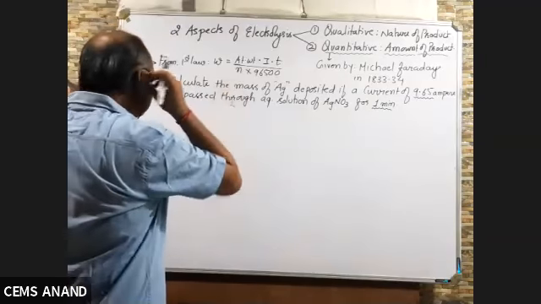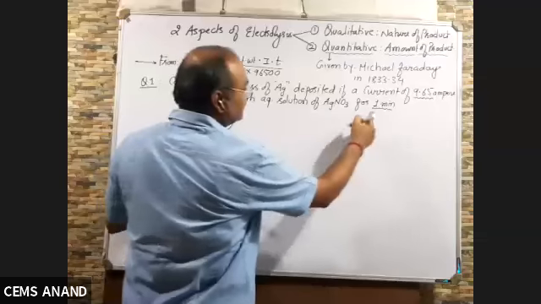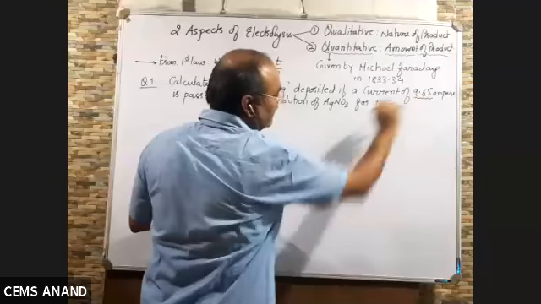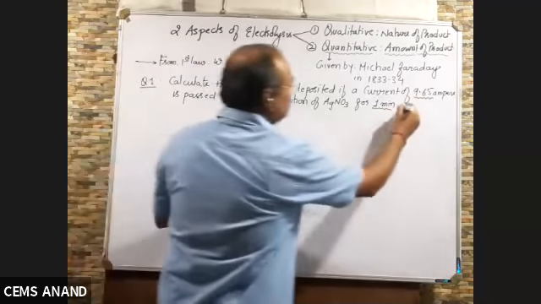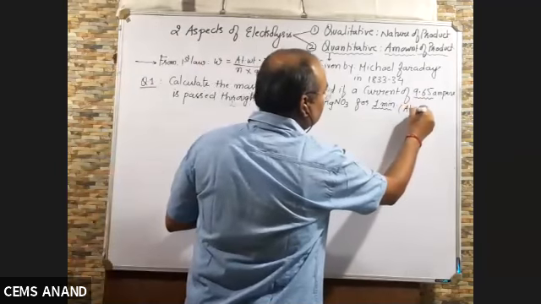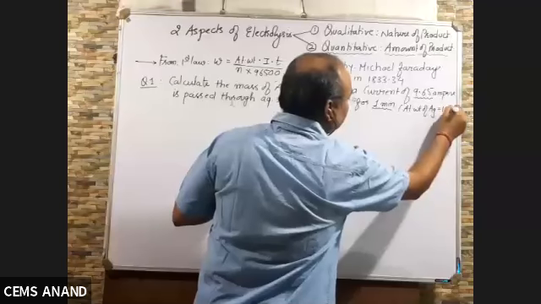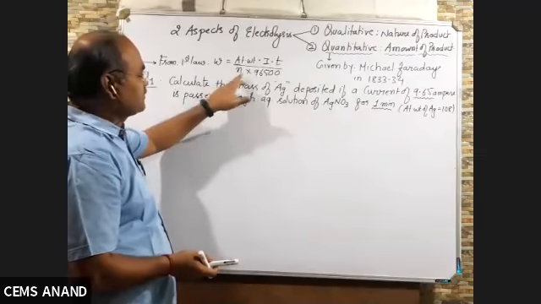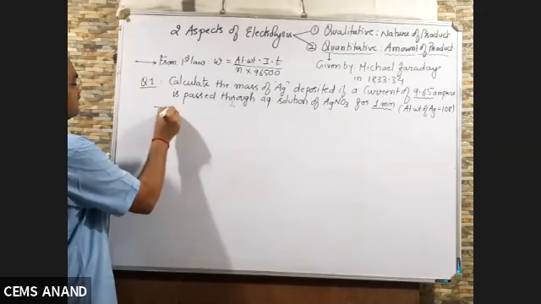Here, using this formula, you can find out the weight of Ag. What is given? T is given, 1 minute, and I is given, 9.65. Atomic weight I will give you: for Ag, it is 108. N is the number of electrons transferred, and 96500 coulomb is 1 Faraday. For N, you have to write the equation.